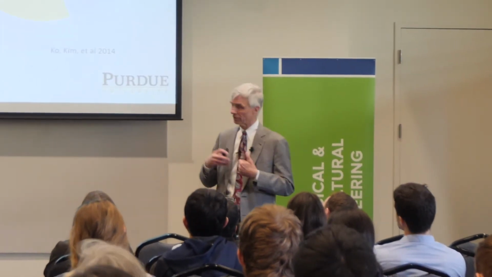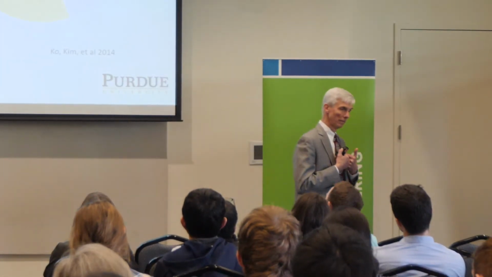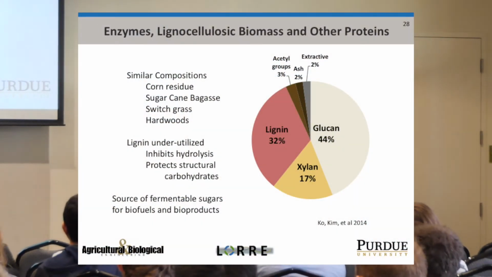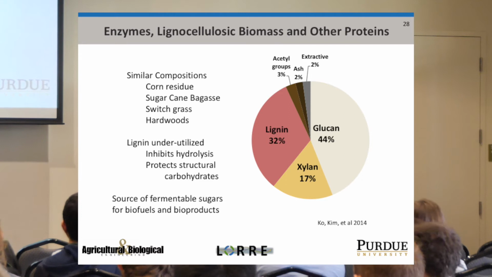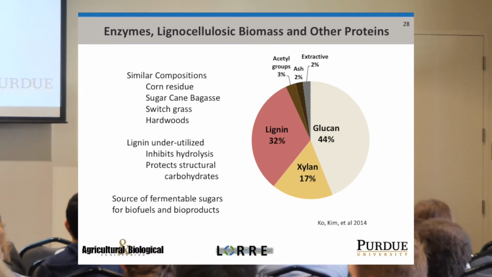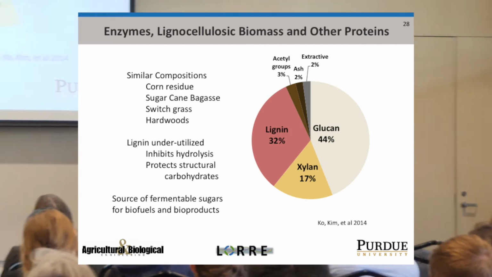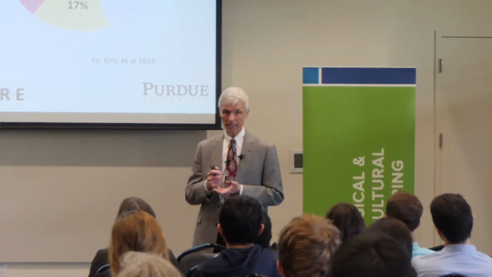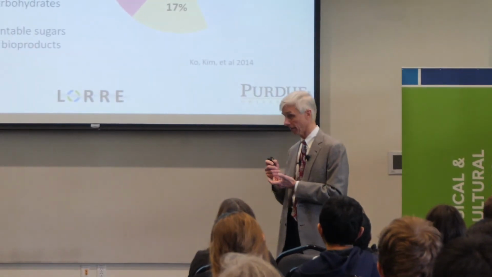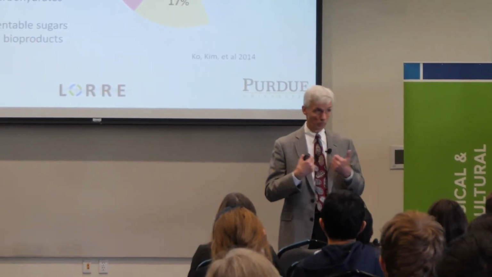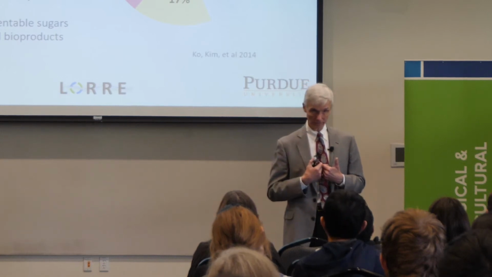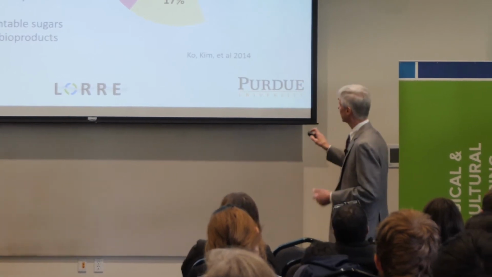So that then takes us to another very interesting area, and that is lignocellulosic conversion. Again, using very similar enzymes. So in this case, if you look at lignocellulosic corn residue, wheat straw, switchgrass, which is popular here in this area, wood chips from wood that is not suitable for lumber or for pulping, etc. They all have about the same composition.